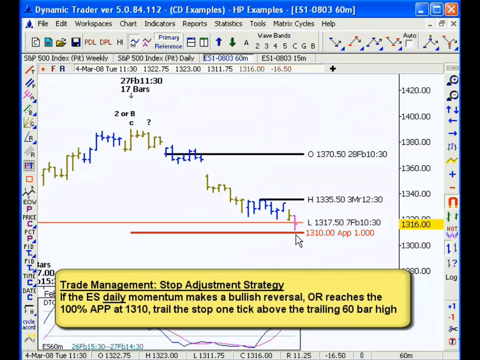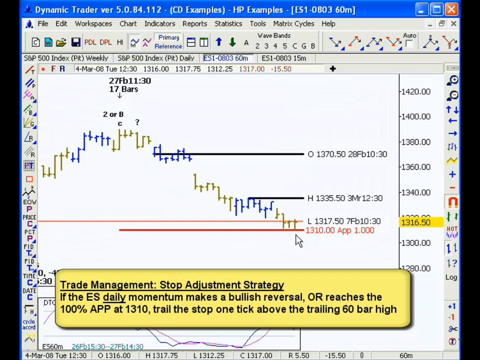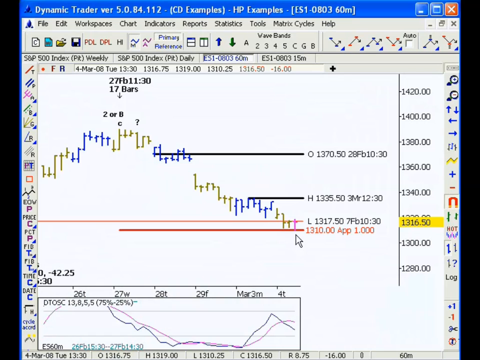Again, very logical. Even though the daily momentum isn't all the way oversold, as the market is down for this day, more than likely it's at least going to reach the oversold zone, both lines. So I'm going to add some more bars. And it looks like as of this bar, we're going to trail our stop 1 tick above the 60-minute 1-bar high.